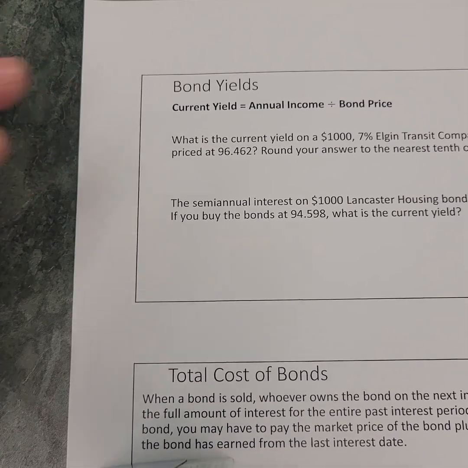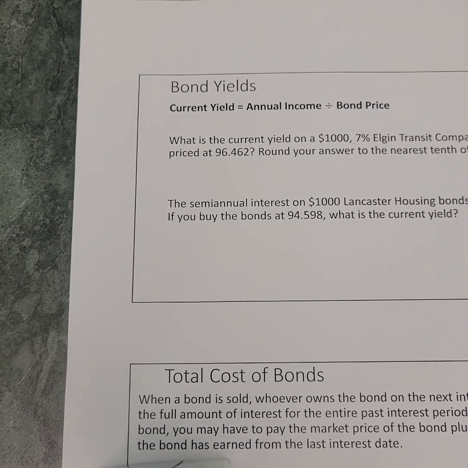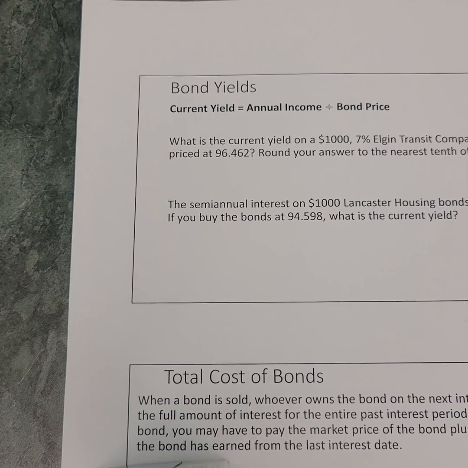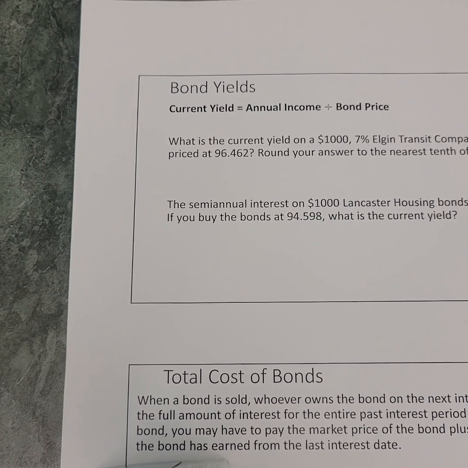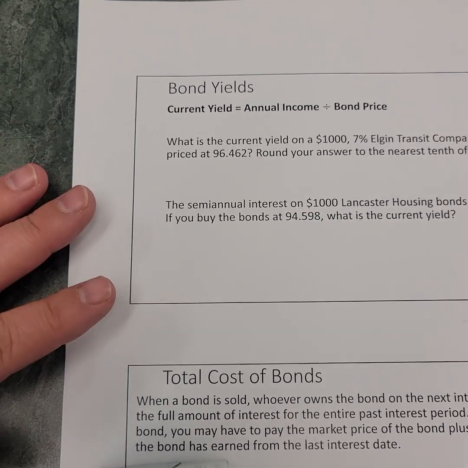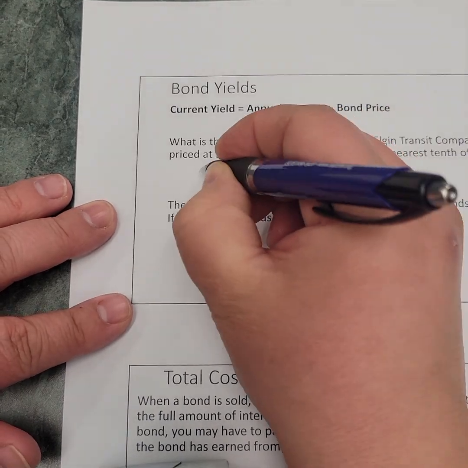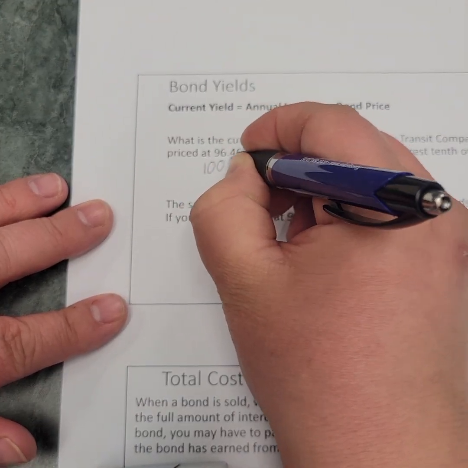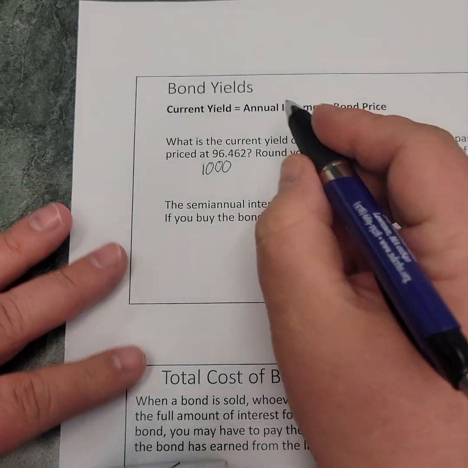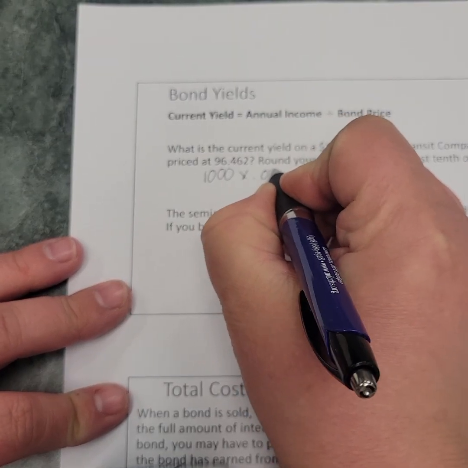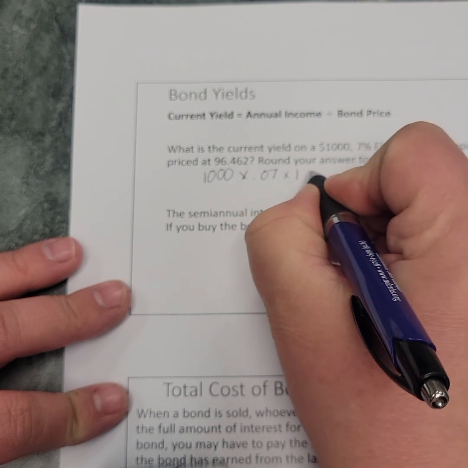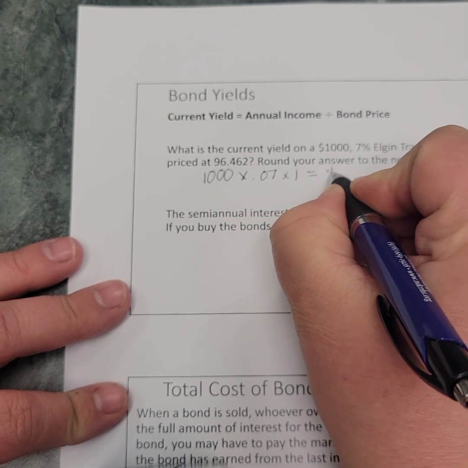So the 1,000, oh wait, it only has one question. So 1,000 times 0.07 times 1 year. So that's going to be $70.